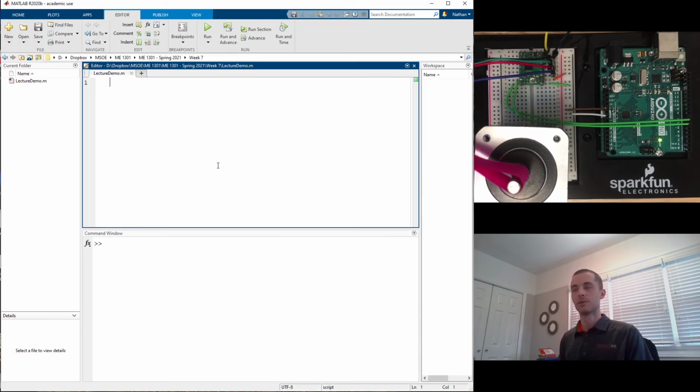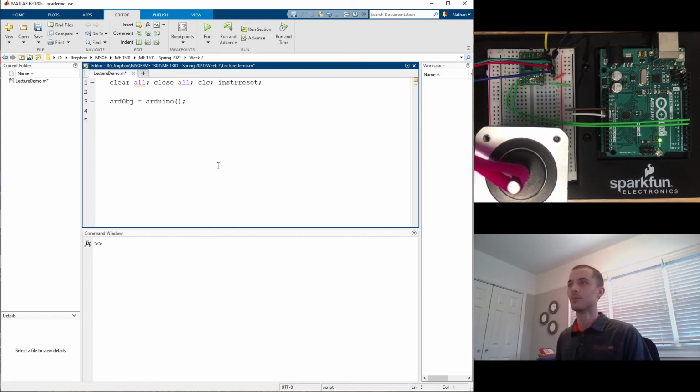So let's go over to MATLAB and we're going to start with clear all, close all, clc, instrreset, just to be paranoid. Then we can make a connection to the Arduino, so Arduino object is equal to arduino. Then we want to step the motor.